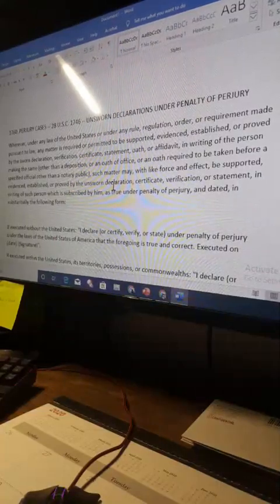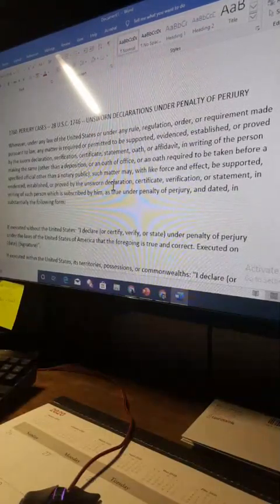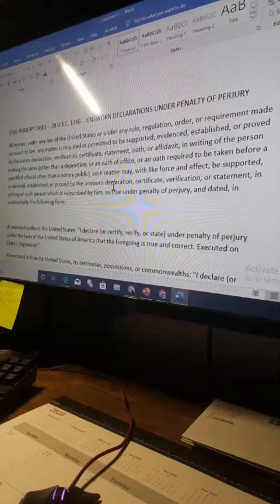1760 perjury case, 28 USC 1746. Unsworn declaration under penalty of perjury.